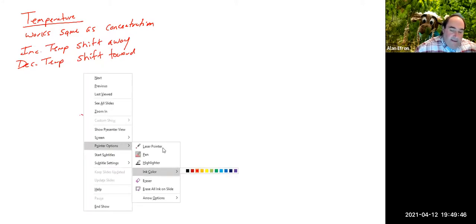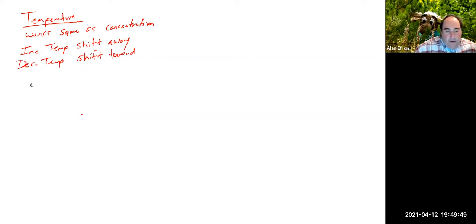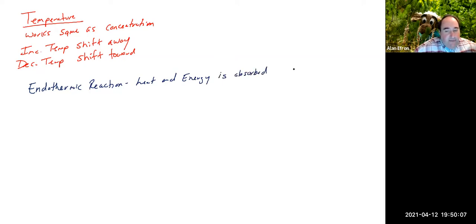When we have an endothermic reaction, that means that heat and energy is absorbed. It is represented by a delta H value that is positive, a Q value that's positive. That's the enthalpy we talked about earlier in the semester, and Q is heat, but basically positive values for energy.